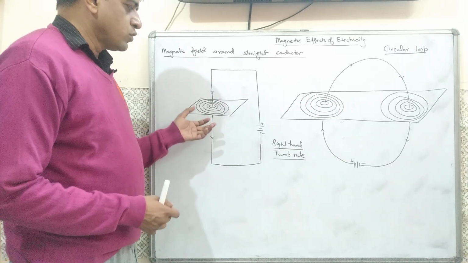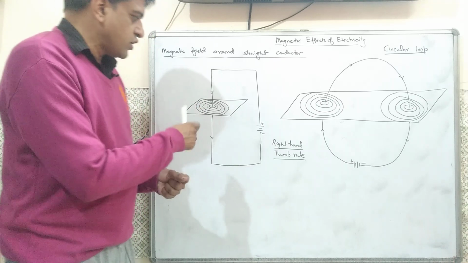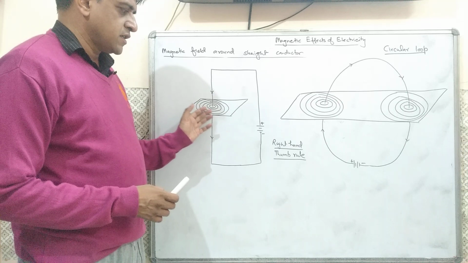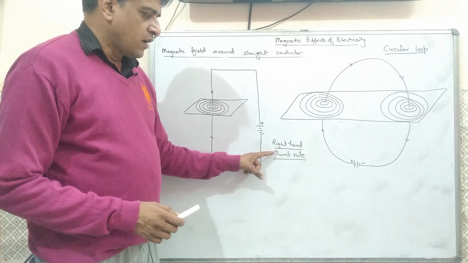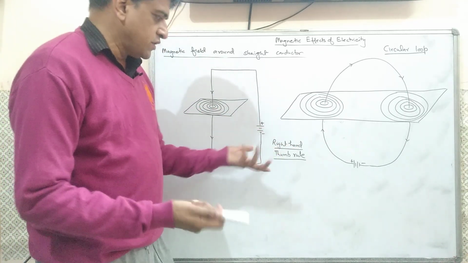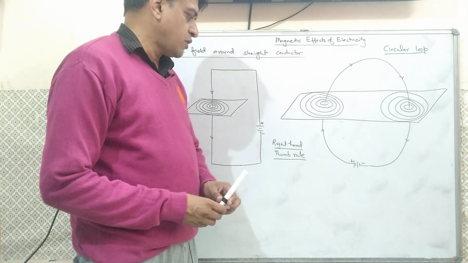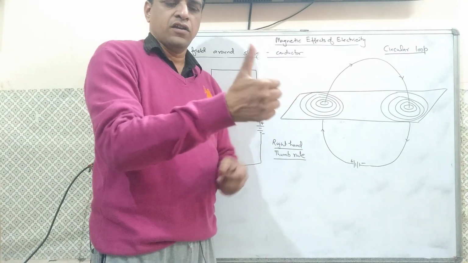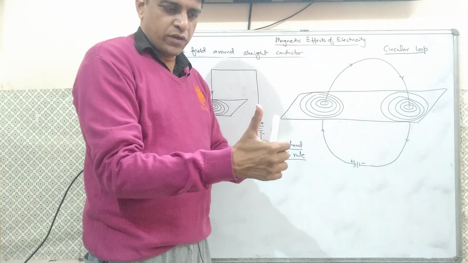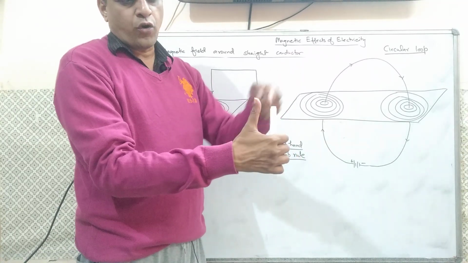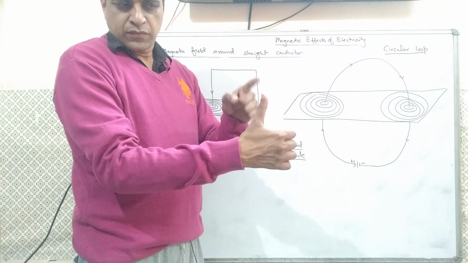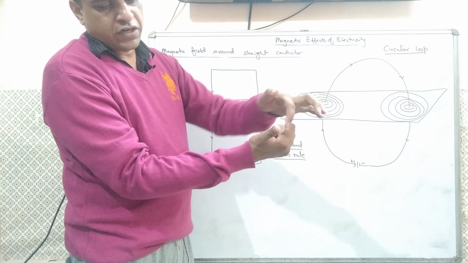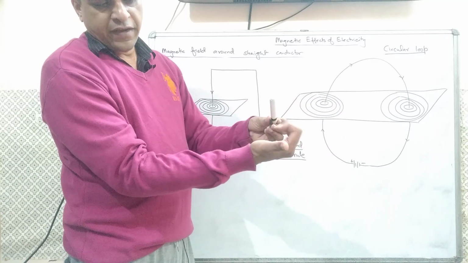Now he wanted to find out the direction of the magnetic field around this current carrying conductor, and this direction can be found by the right hand thumb rule. And what is this right hand thumb rule? It states that when you hold a current carrying conductor in your right hand in such a way that your thumb points towards the direction of current, then your fingers will show the direction of the magnetic field.